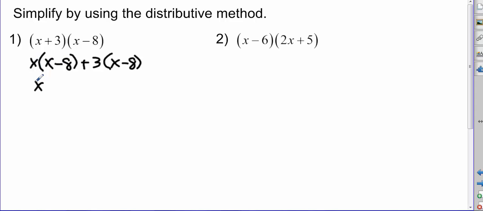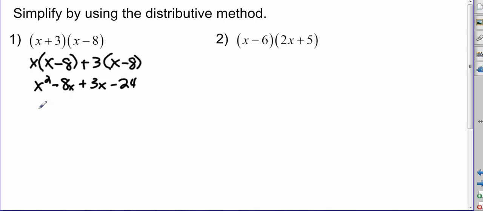X times x equals x squared. X times negative 8 equals negative 8x. 3 times x gives us a 3x, and then 3 times negative 8 gives us a negative 24. We're not done yet.